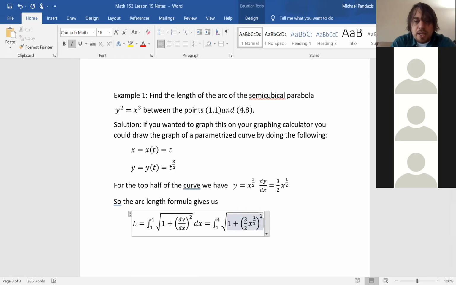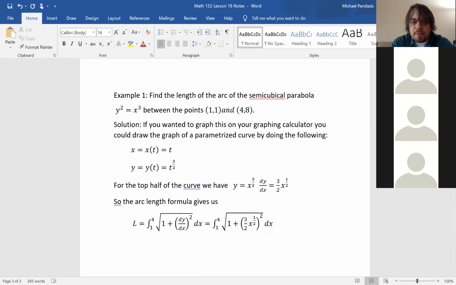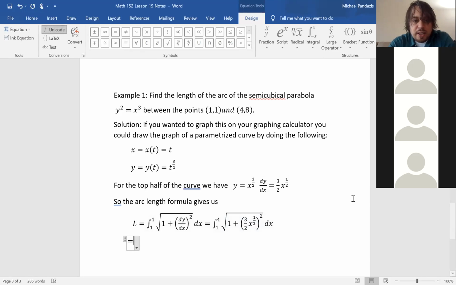There we go. Squared dx. Okay, so it's the square root of 1 plus (dy/dx) squared dx, and then you just calculate it.